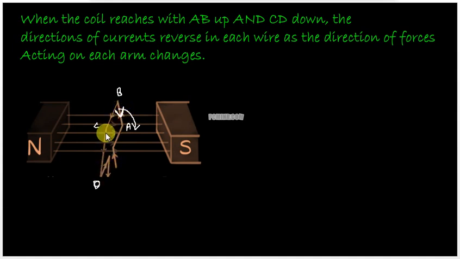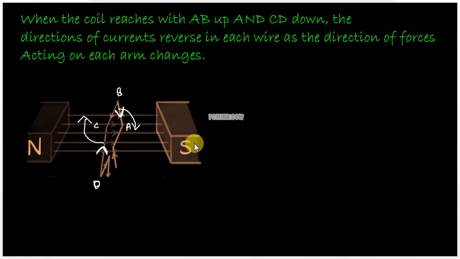The arm CD, which was originally here, has gone vertically down, so the current in this arm will be in the opposite direction now, because the force on this arm is acting in the upward direction. Thus we can say that the currents interchange their direction. Now they reverse their direction.